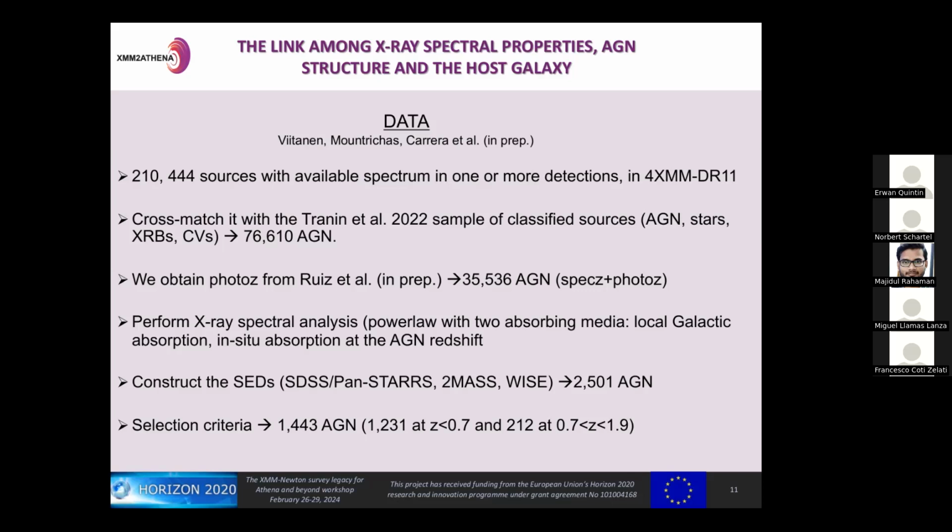Then we applied several criteria to make sure that only sources with the most robust X-ray spectral and SED fitting measurements are included in our analysis. We ended up with a bit less than 1,500 AGN: about 1,200 lie at redshift lower than 0.5, and a bit more than 200, 212, lie at redshifts from 0.7 to 1.9.